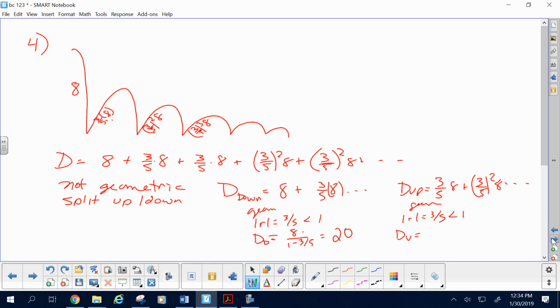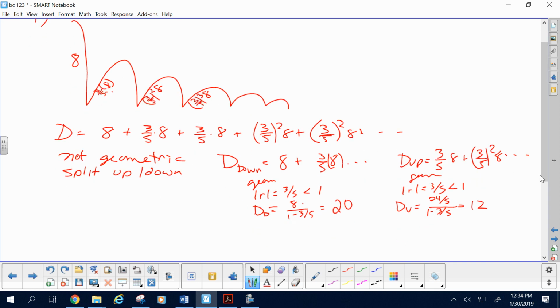The only difference is A1 is 24/5 for the first term, not 8. And so 24/5 over 2/5 is 12. See? That makes sense that it's 8 less because it doesn't have that first 8 drop. Yay! So distance total is 32 meters.